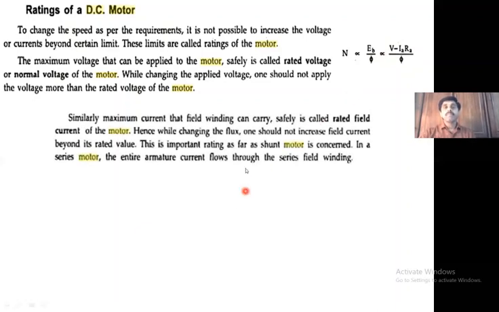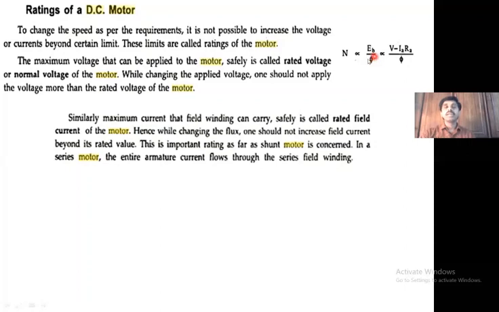Next, the maximum current that the field winding can carry safely is called the rated field current, because every field will carry some maximum current. That field current is the main cause for the flux. So while changing the flux, one should not increase the field current beyond its rated value.